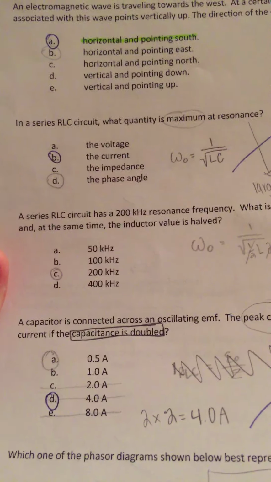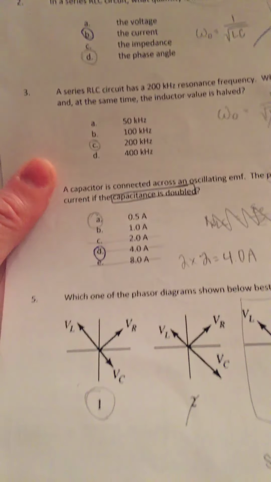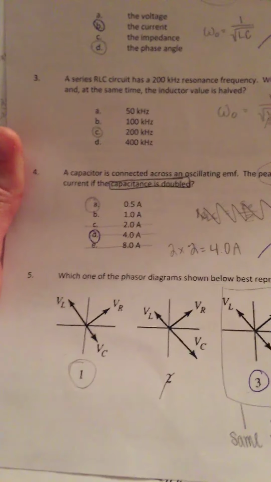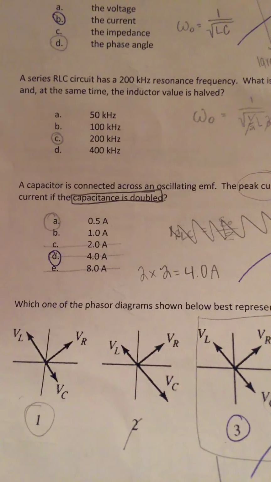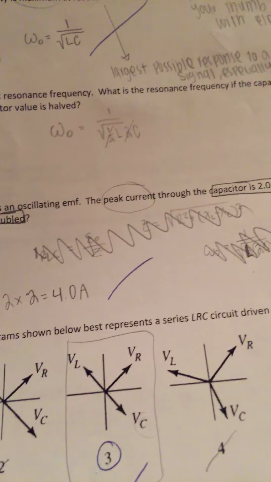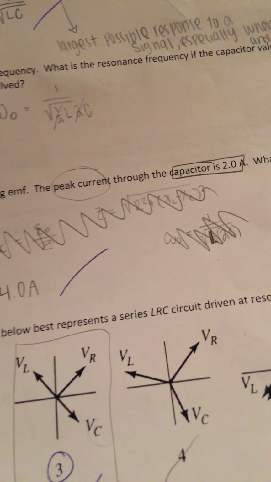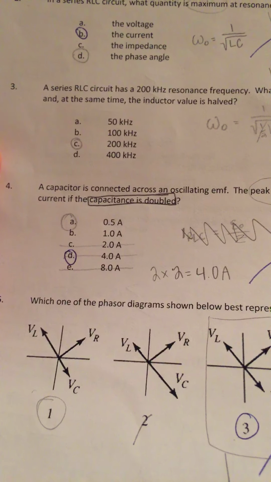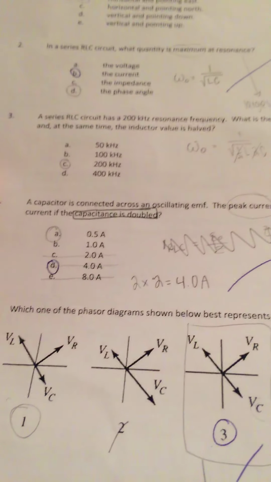The next one that I got wrong was number 4. It asks, a capacitor is connected across an oscillating EMF. The peak current through the capacitor is 2. What is the peak current if the capacitance is doubled?